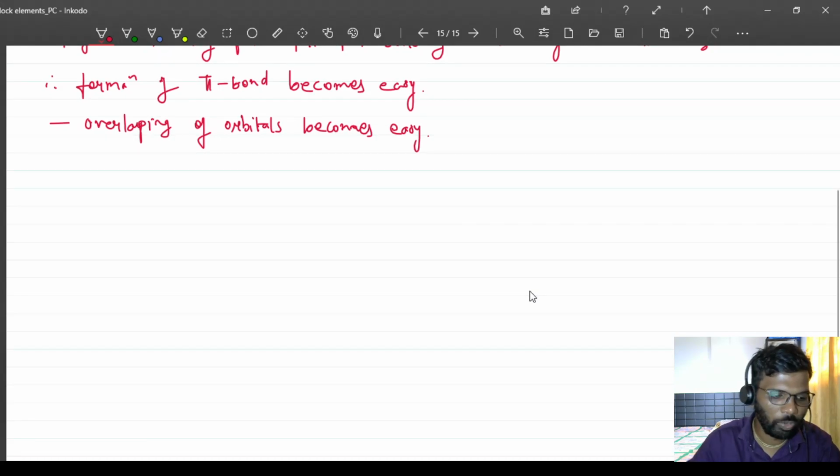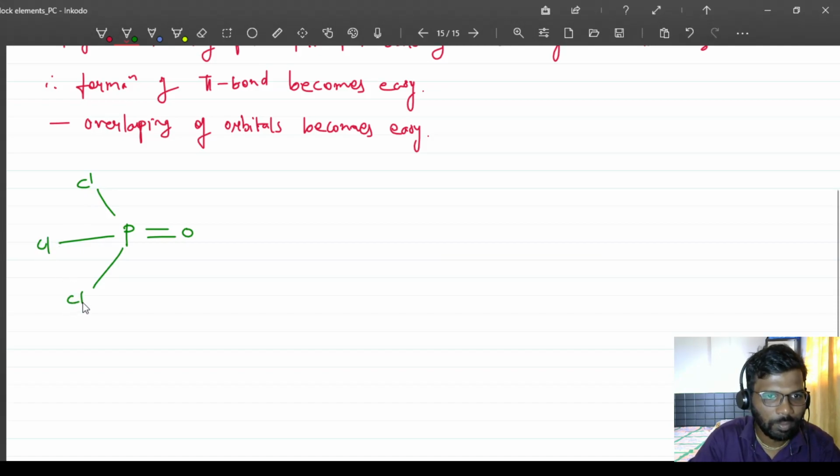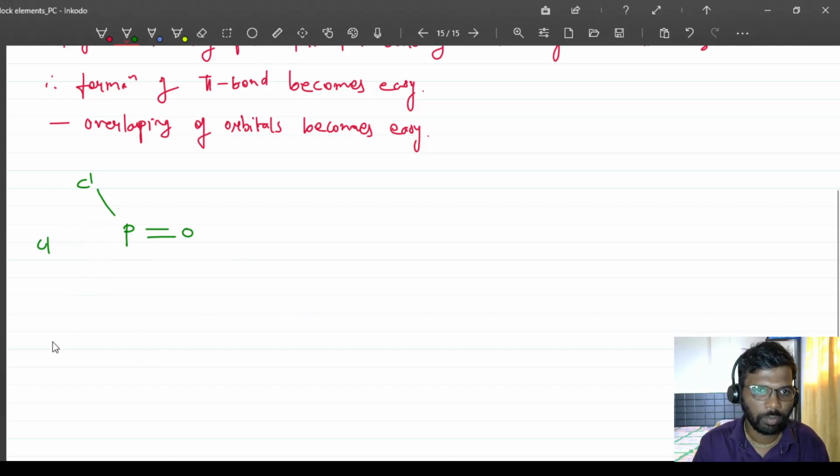Now, with respect to phosphorus, phosphorus forms such a type of compound: phosphorus double bonded to oxygen, let's say this is POCl3. I can write this structure in this manner also.